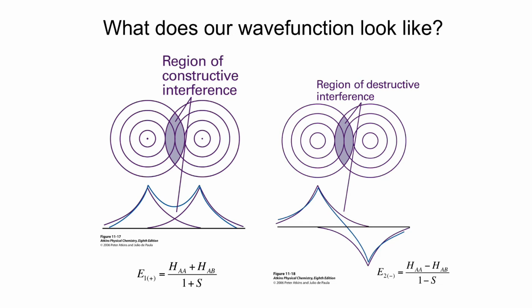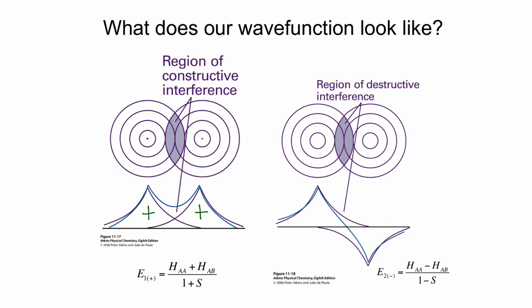And then what's happening in the middle here is those wave functions are constructively interfering with one another because we can say that these are both the same sign. As those two functions move towards each other, based on the signs of those functions, they're going to constructively interfere with one another.